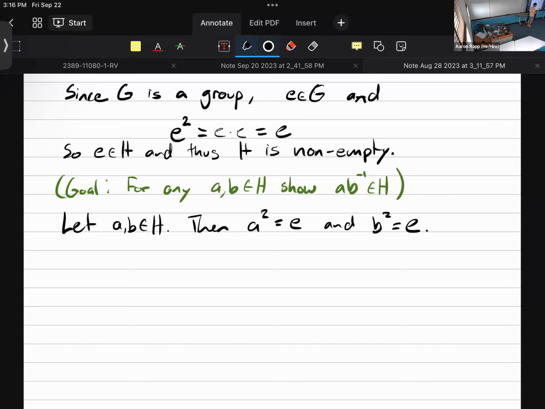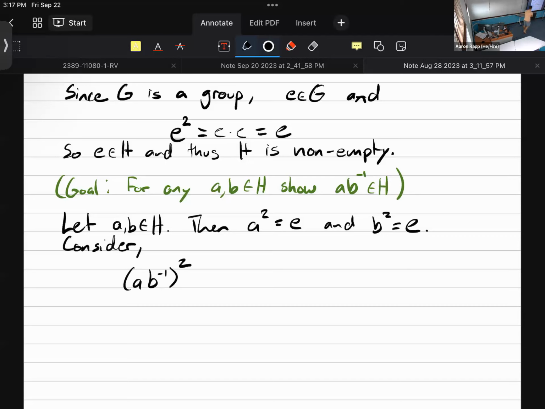Well, going back to the property of H, to show something is in there, I have to be able to square it, and it becomes what? Yeah, identity element. So I need to figure out what's happening to AB inverse quantity squared.